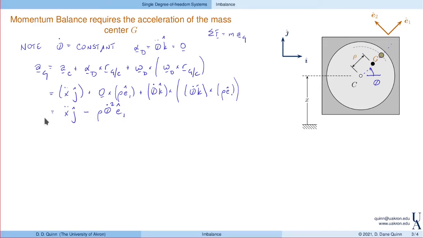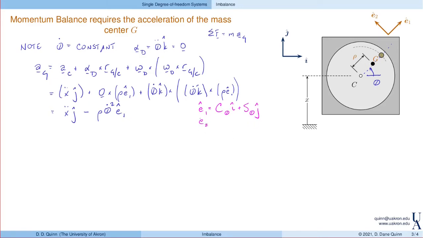Now, I can write this in terms of a single set of directions. Let's choose I and j here, because the motion of the frame is in the I and j direction. That requires that we express E1 in the I and j direction. So that's going to be cosine theta in the I direction and sine theta in the j direction.